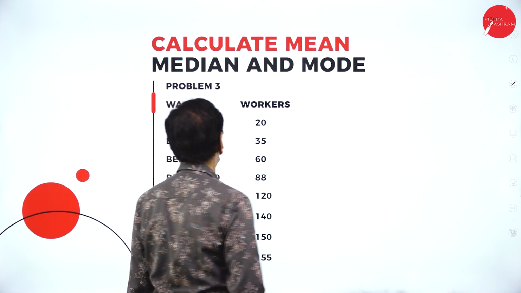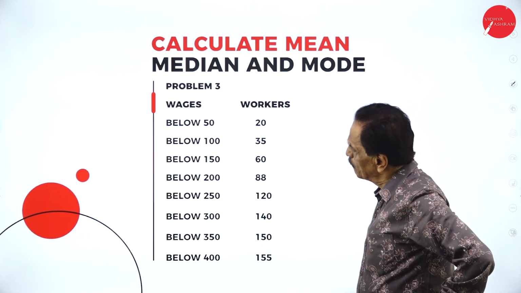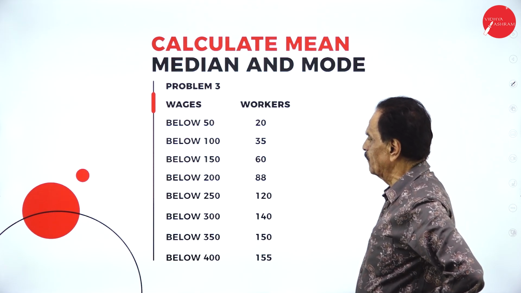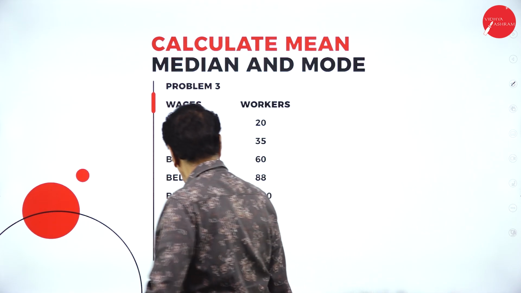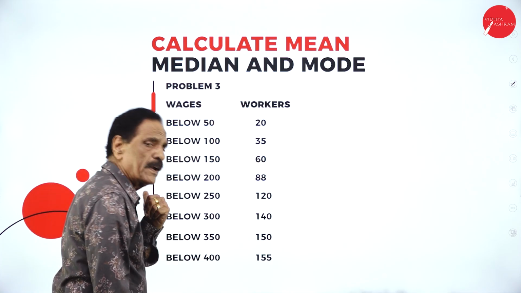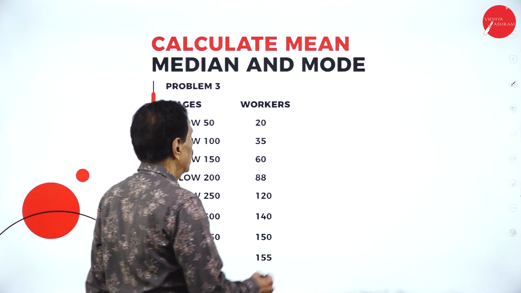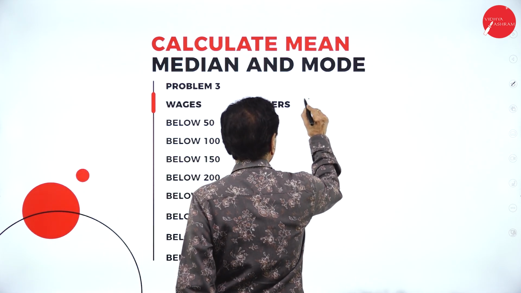We'll go to problem number 3. Wages: below 50, below 100, below 150, below 200, below 250, below 300, below 350, below 400. So difference of how much? 50. Here you write class.